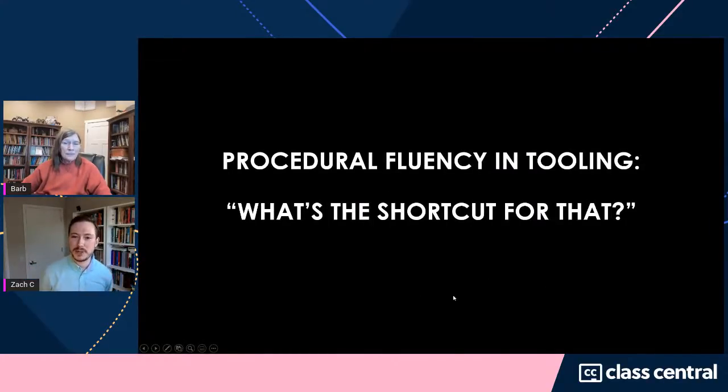That's right, Barb. So let's talk about the procedural system as it relates to the programmer's day-to-day. Getting fluent in the procedures of your craft is unbelievably important to a software engineer. And as Barb mentioned, the idea that shortcuts or memorization is just some sort of dumb rote learning is not true at all.